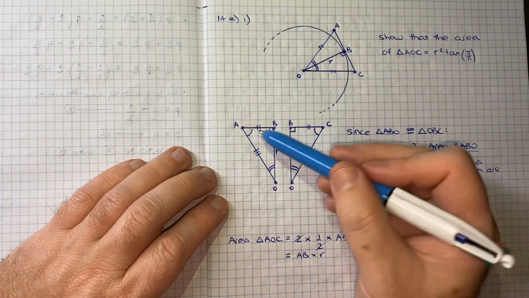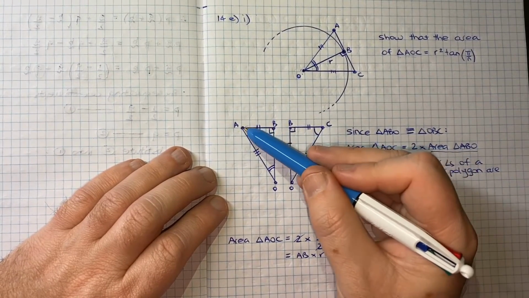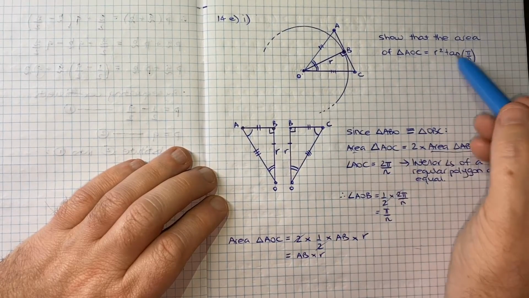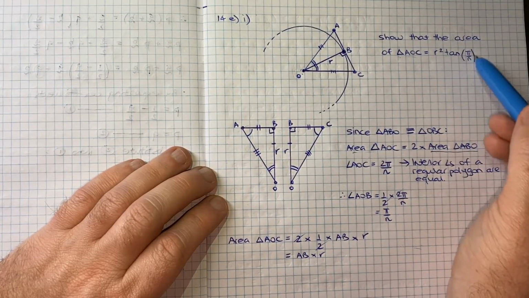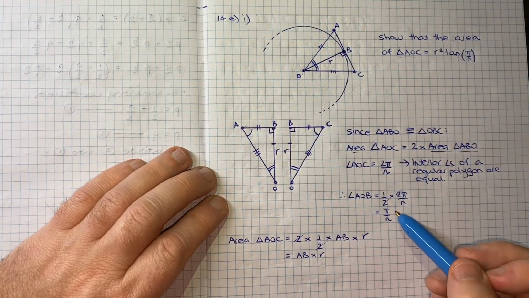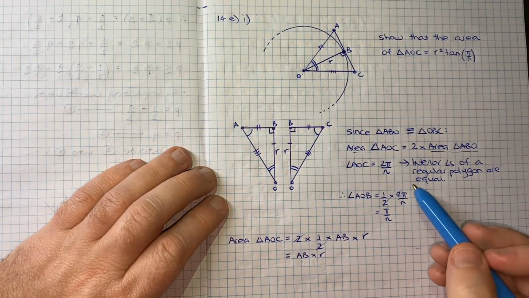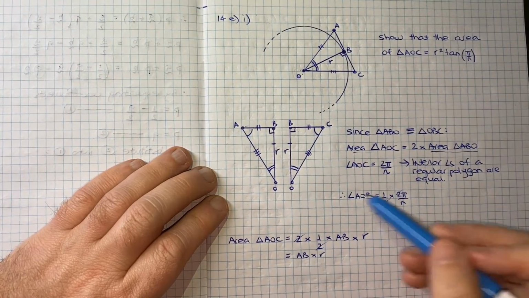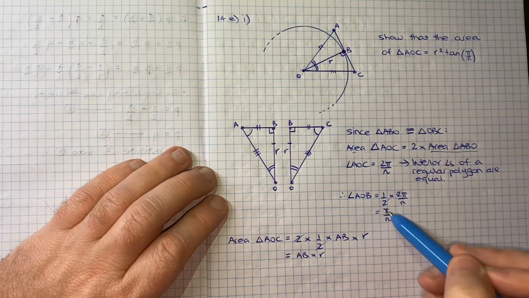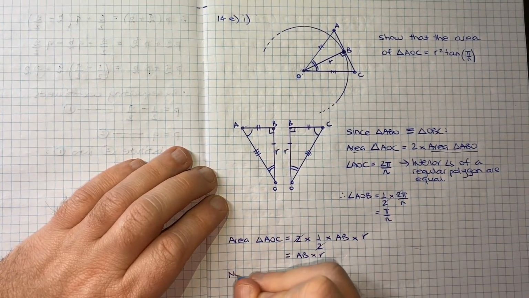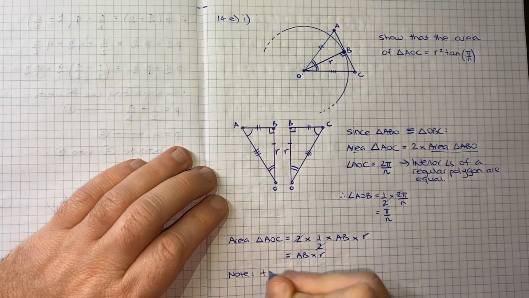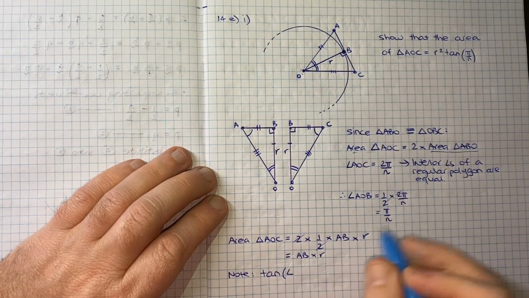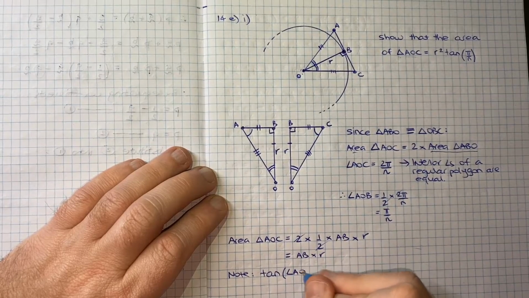And so now we just have to think, what's the length of AB? Given we see a tan of an angle here, it makes sense to think about the tan of angle AOB, which we've just worked out is pi on n.